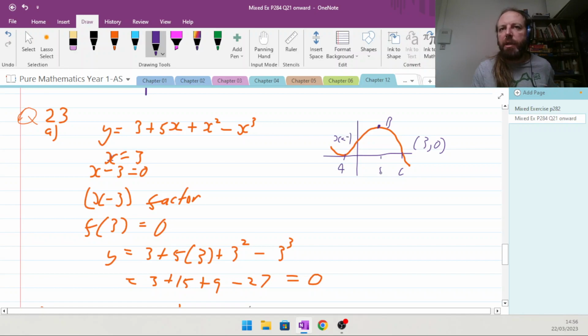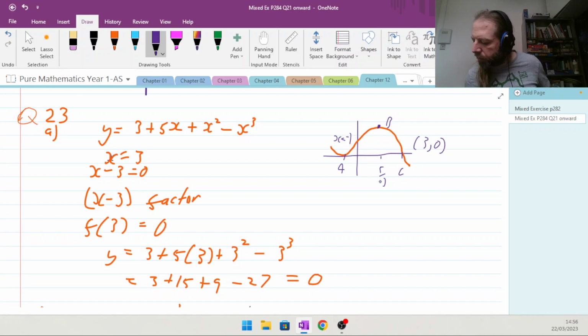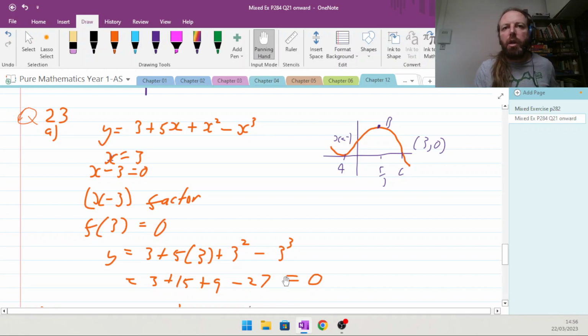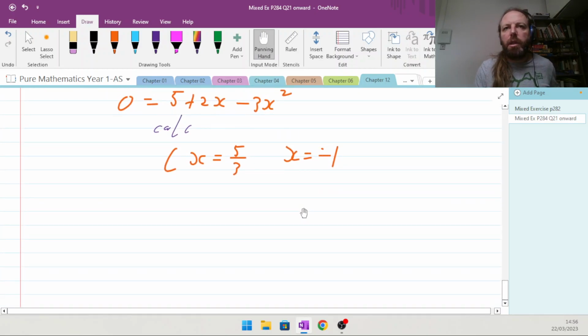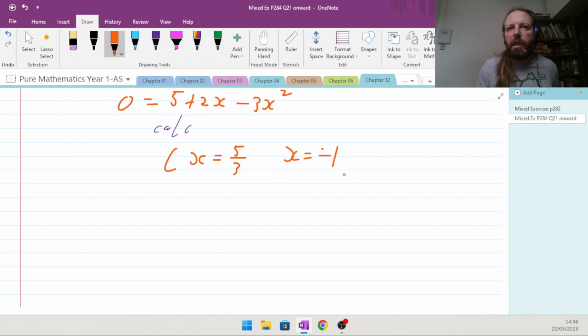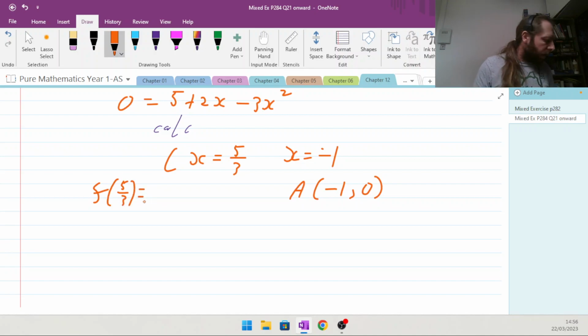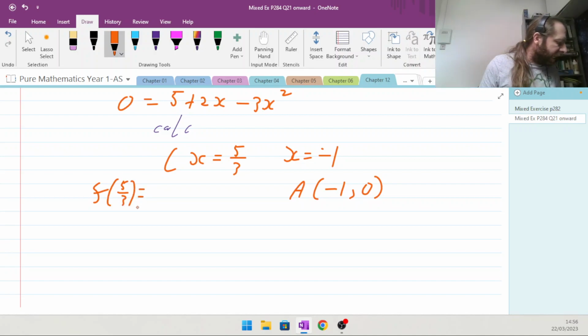Okay, and this must be the 5 over 3, which of course is like 1.6, and since this is 3, okay, so since we're doing coordinates, I can put in this as coordinate A with an x number of minus 1 and 0, because we were told it touches the x-axis, and then for this one we just need to put it into f of 5 over 3 to find out what this maximum B is.